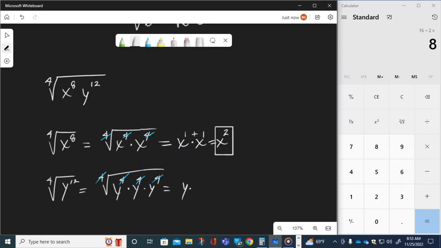So that's y times y times y, and that is equal to y to the power of 3.